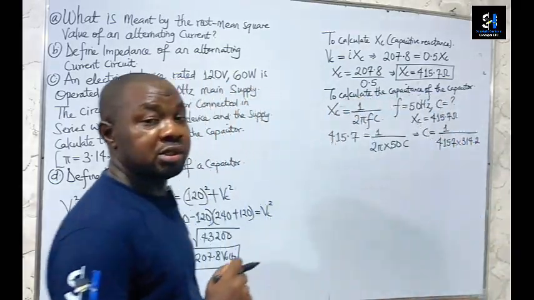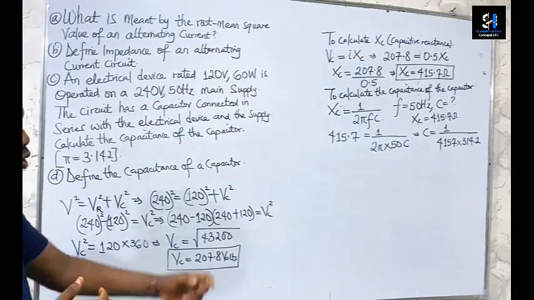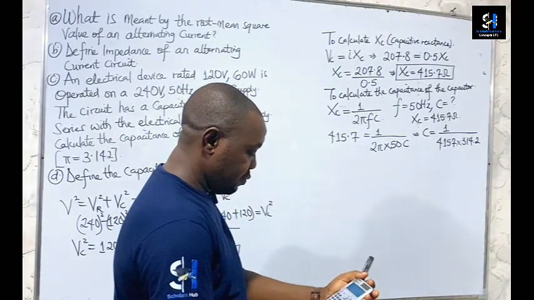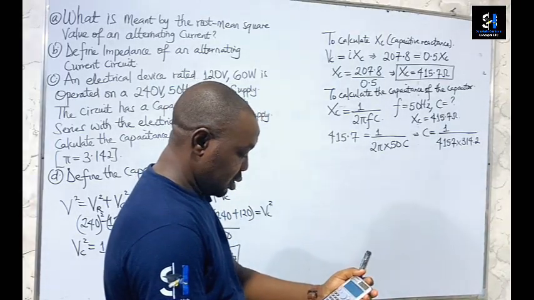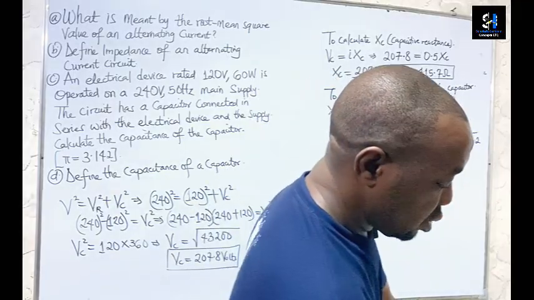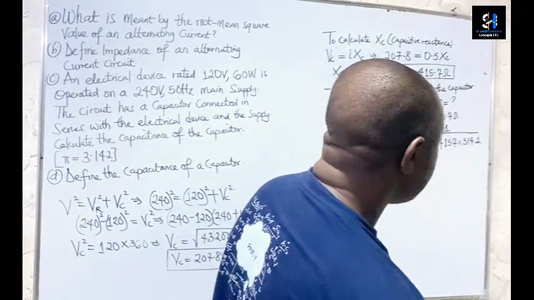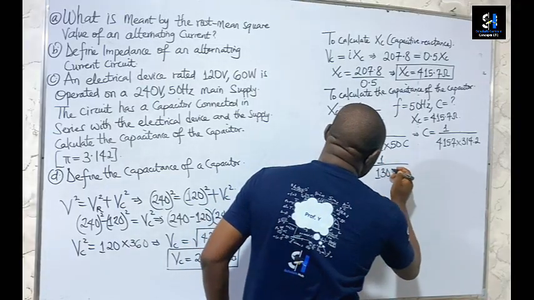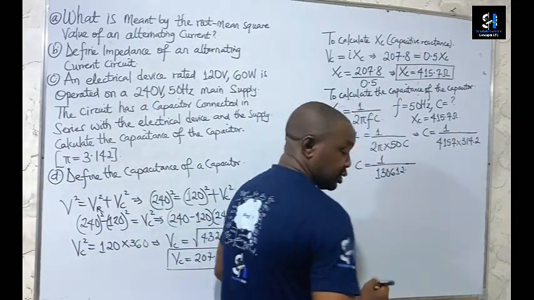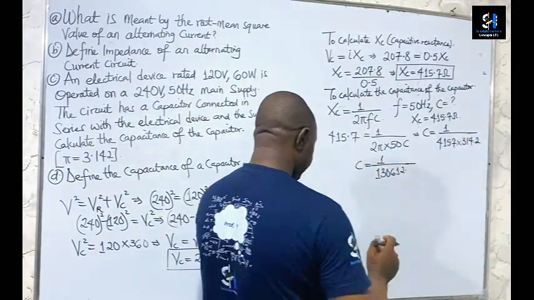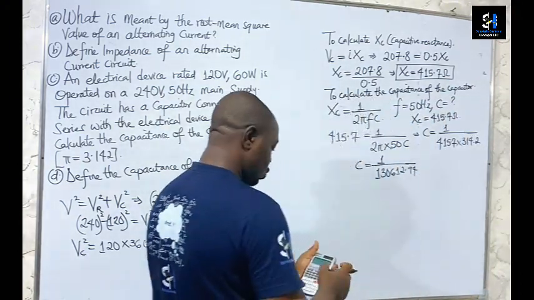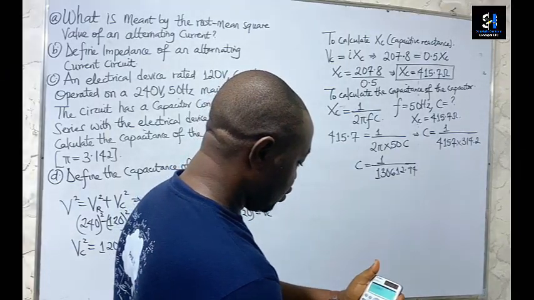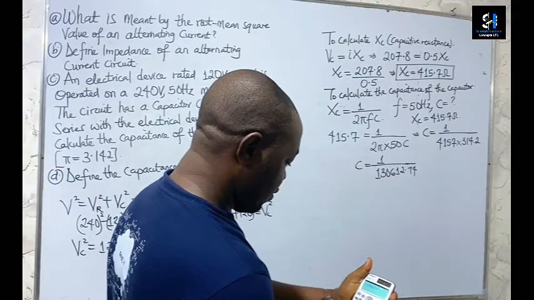So 415.7 multiplied by 314.2 will be 130612.94.